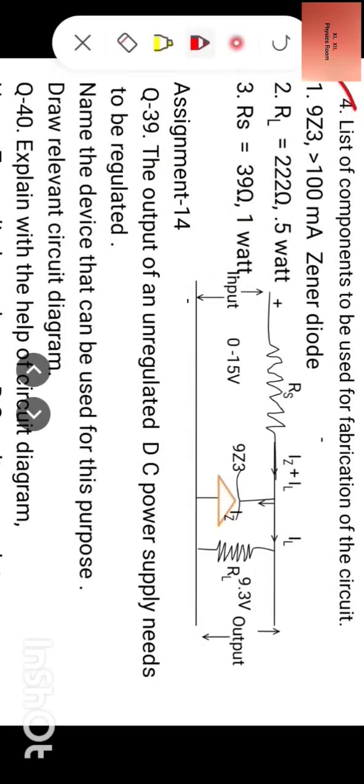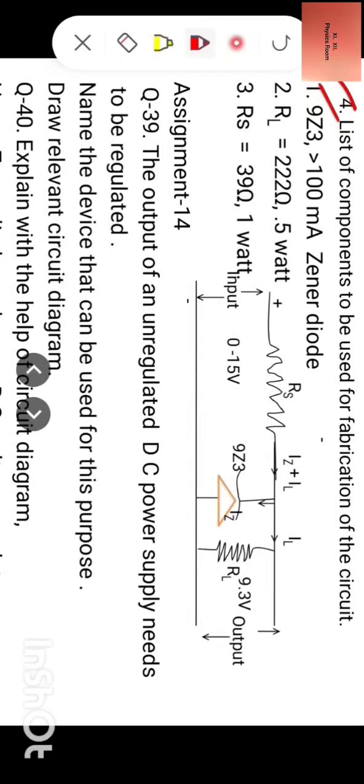Now fourth, list of the components to be used for fabrication of the circuit. First, a 9.3 volt Zener diode which can handle current more than 100 milliampere safely, because 100 milliampere is the load current.